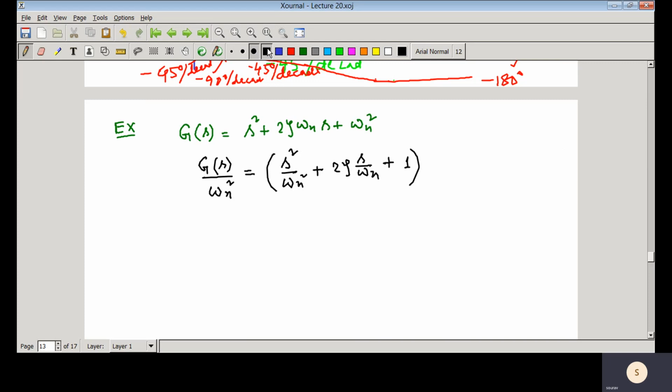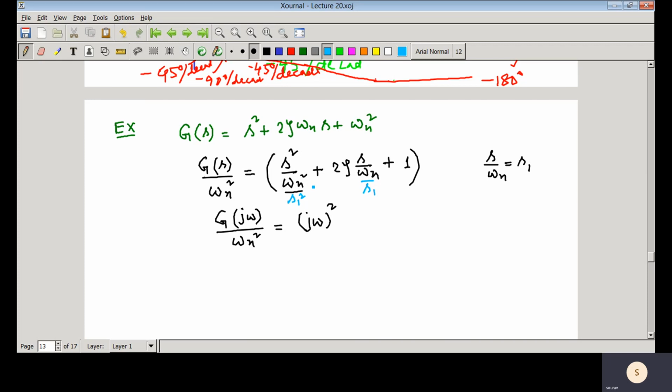So now if we just represent that s by omega n as s1, so that would be, say, G of j omega by omega n square. Here it would be j omega whole square, because here you would have s1 square, and here you have s1.